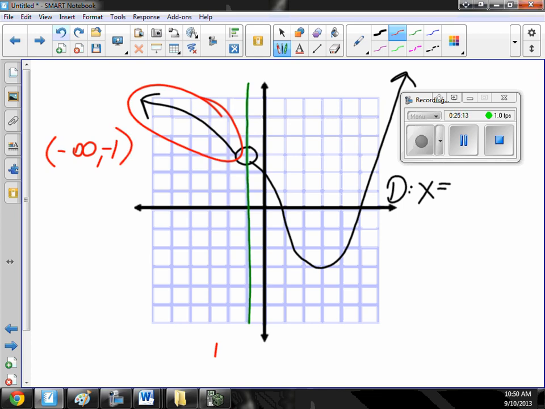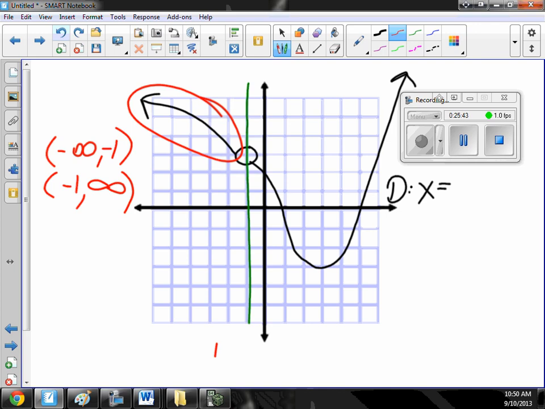Now, on this second portion, what's the furthest number to the left? -1. Do we include it? No. What's the biggest number? Infinity. Do we include infinity? Never include infinity. Okay, that's one way to do it. Describe the left side and describe the right side. But an easier way would be we include every single number except -1.